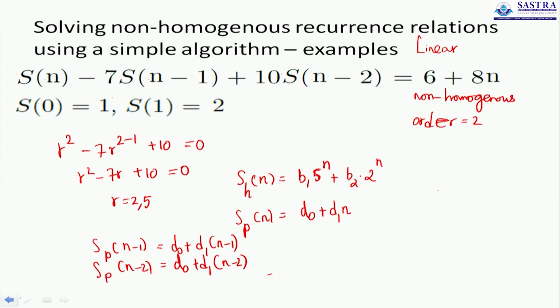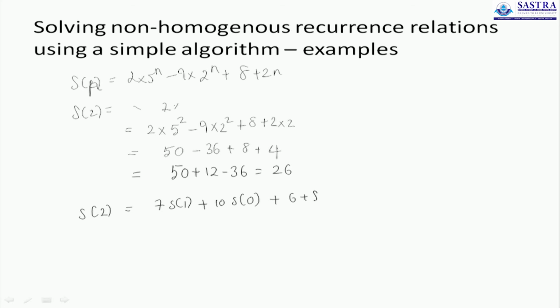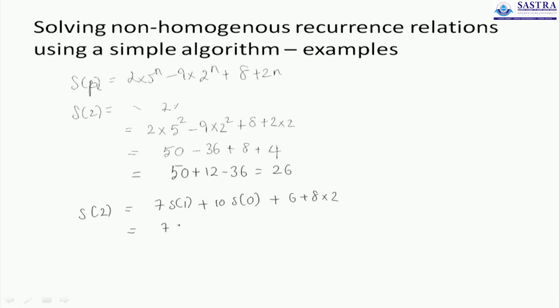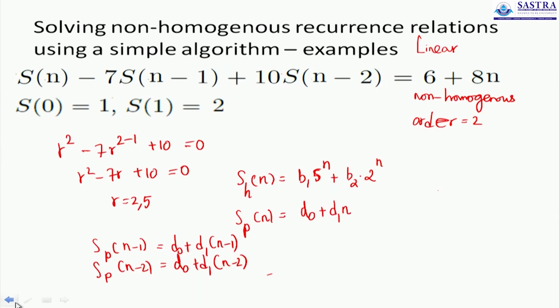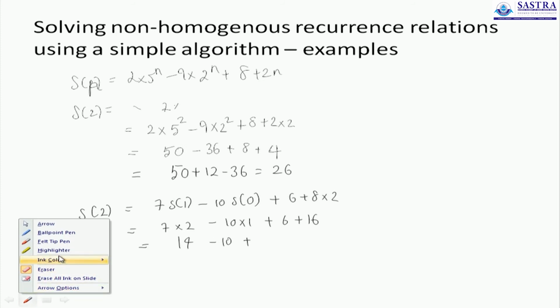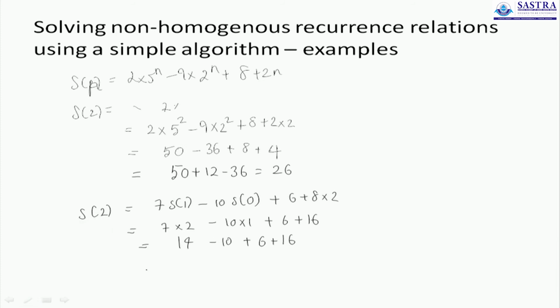The question says it is 6 plus 8 times 2, which is 7 times S of 1, and you know that S of 1 is 2 and S of 0 is 1. 7 times 2 minus 10 times 1 plus 6 plus 16, which is 14 minus 10, plus 6 plus 16, which is 20 plus 16 is 36 minus 10, that is also 26.